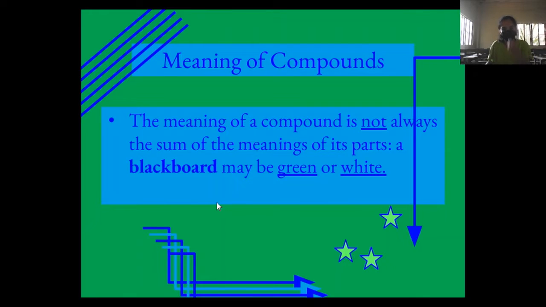Meaning of compounds: the meaning of a compound is not always the sum of the meanings of its parts. For example, blackboard. There are some blackboards which are green or white. So this is a good example.